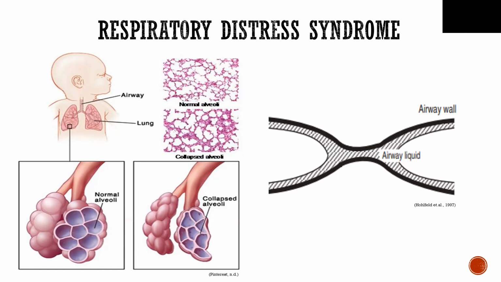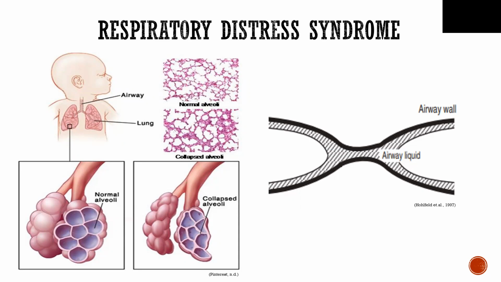So what really happens if the production of surfactant is impaired? What does that look like? What does this do to these neonates? Okay, I have some examples here on the slide.